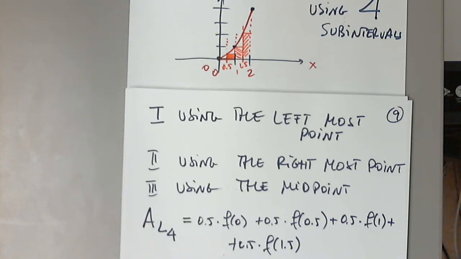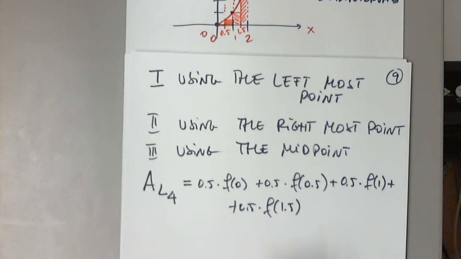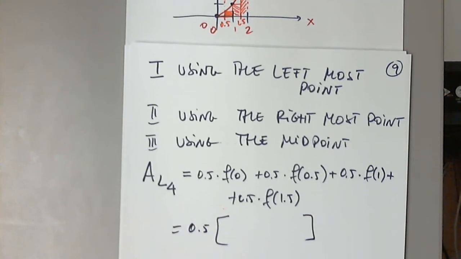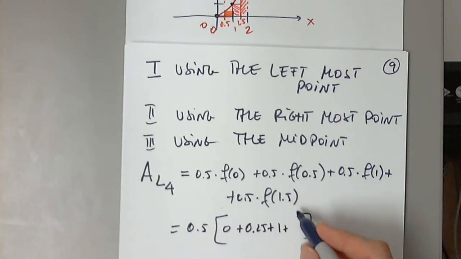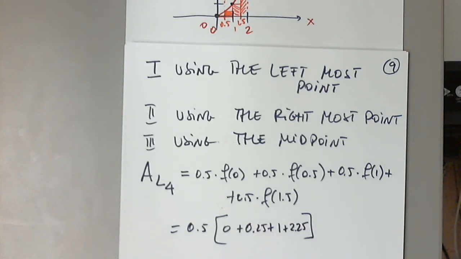Is that a yes? So I see 0.5 is a common factor, of course it is. And let's take it outside. f of 0 is 0. f of 0.5 is 0.25 because I have to square that. f of 1 is 1. And f of 1.5 is 2.25 because I have to plug it into x squared. 0 squared is this, 0.5 squared is this, 1 squared is this, and 1.5 squared is that.